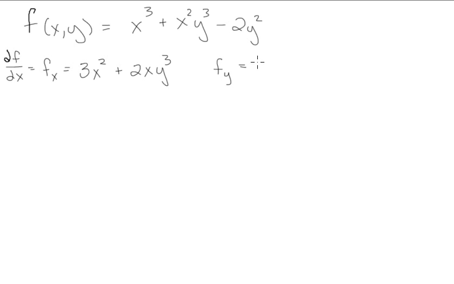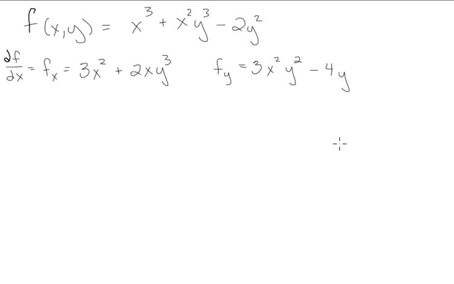I'm treating the x squared as a constant, so I need to just worry about the derivative of the y cubed. So I bring down the 3, and I'm left with x squared times y squared. And then the derivative of the third term, I need to bring down the 2. I get 4 times y.